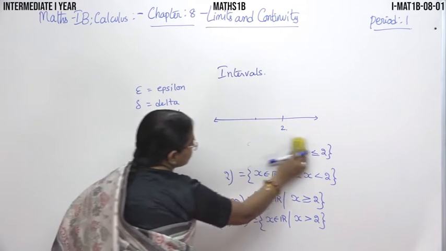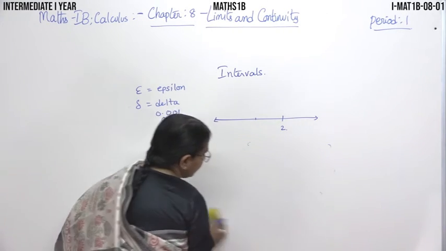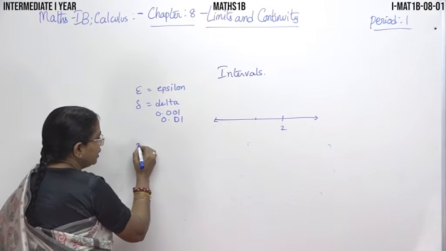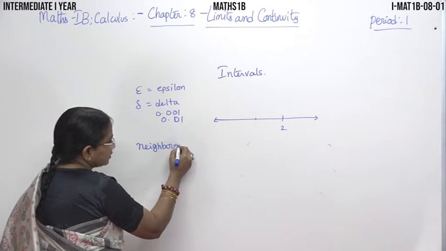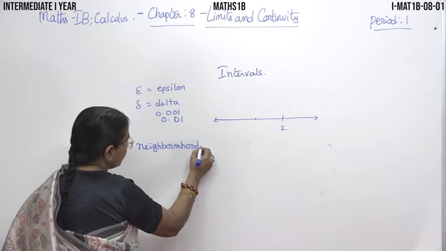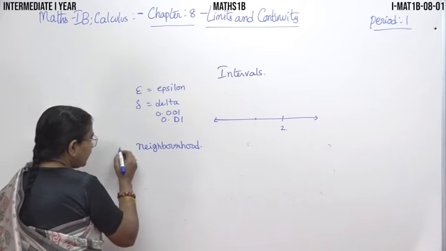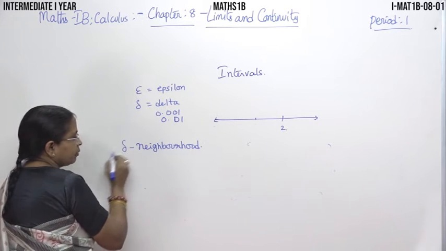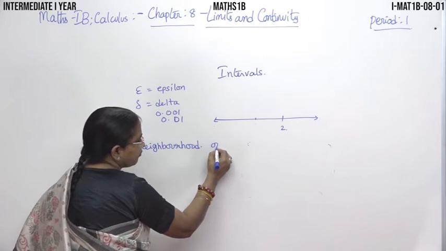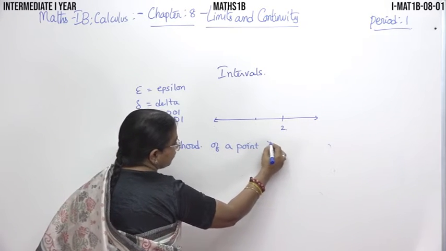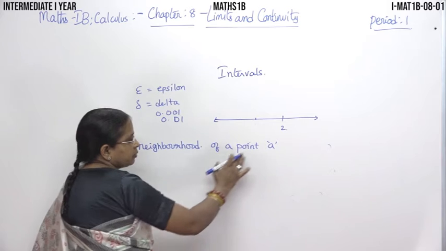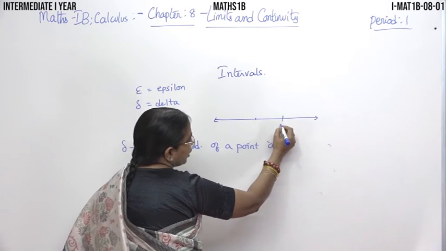So intervals is over. Now we define another term called neighborhood. Delta neighborhood or epsilon neighborhood. Delta neighborhood of a point A. So what is this delta neighborhood? Suppose that I have a point 2.